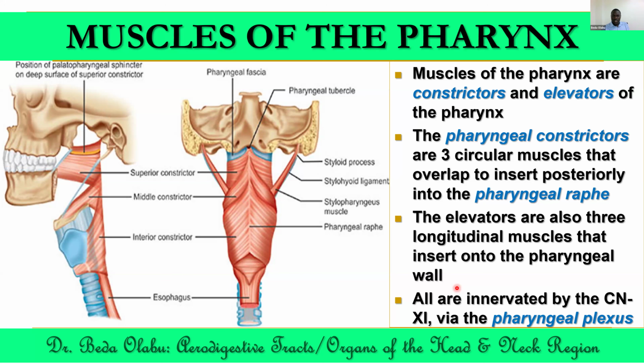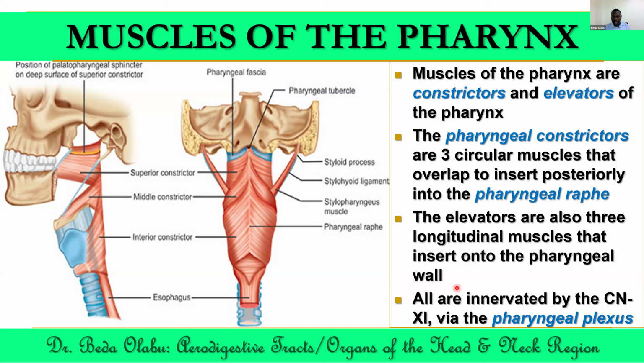Now, the pharyngeal plexus is a plexus of nerves contributed actually by cranial nerve number 9, glossopharyngeal, cranial nerve number 10, vagus, and cranial nerve number 11, the cranial accessory nerve.